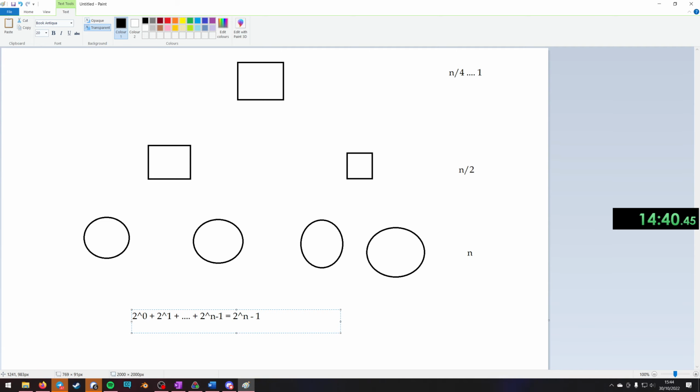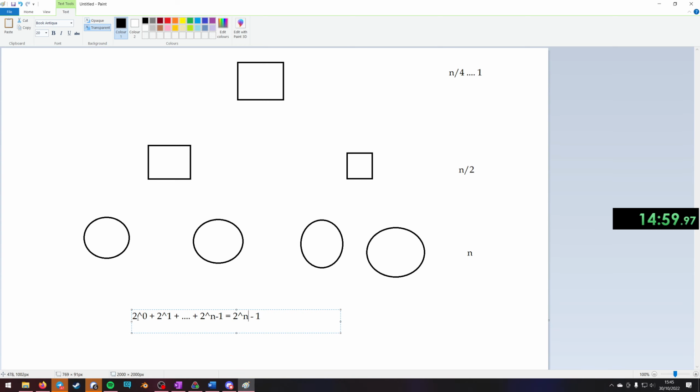So if you have 2 to the... Yeah, my notation here is wrong. I'm using n here as the amount of nodes. It should be the factor.